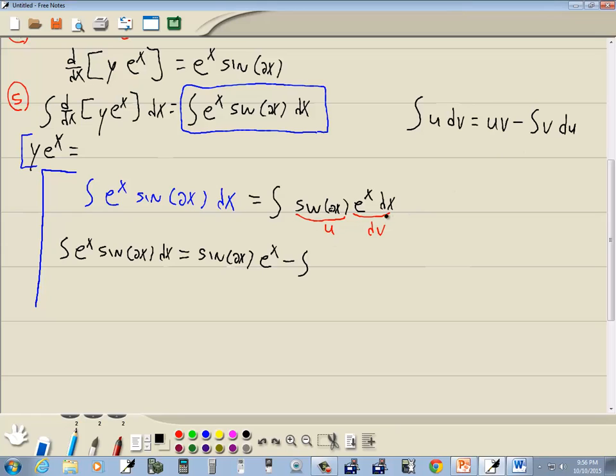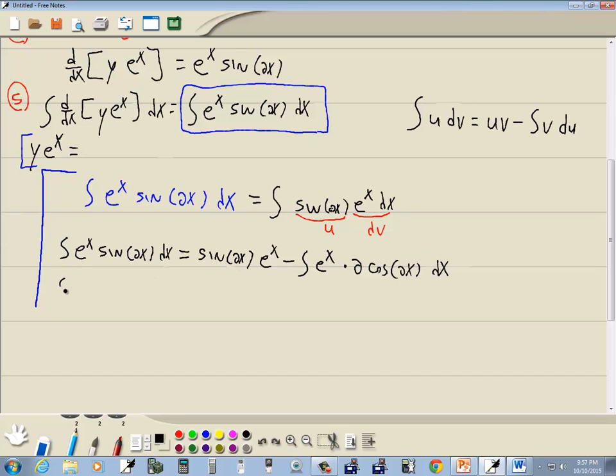Well, v is again the integral of this, which is e to the x, and then times du. Well, the derivative of sine is cosine, but then it's a chain rule. You have to take the derivative of the 2x, which gives us 2 cosine 2x dx.